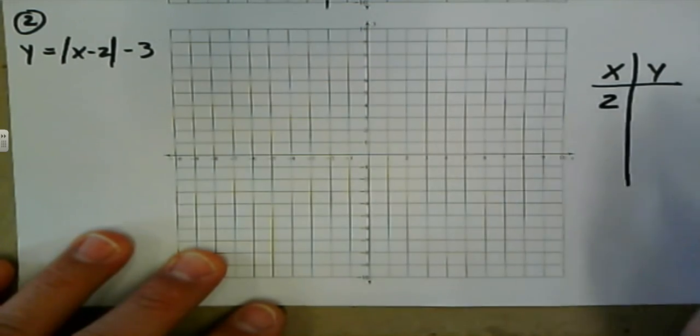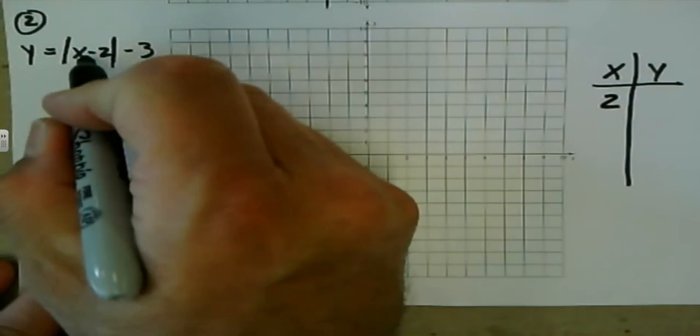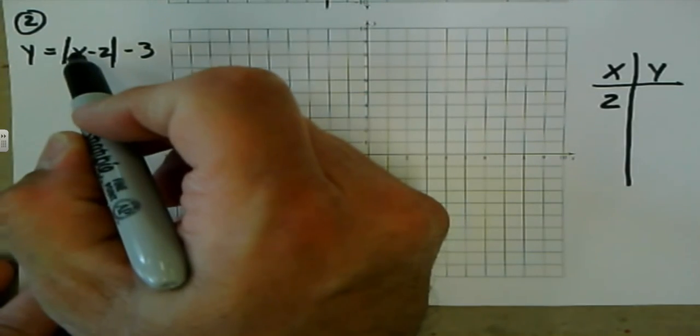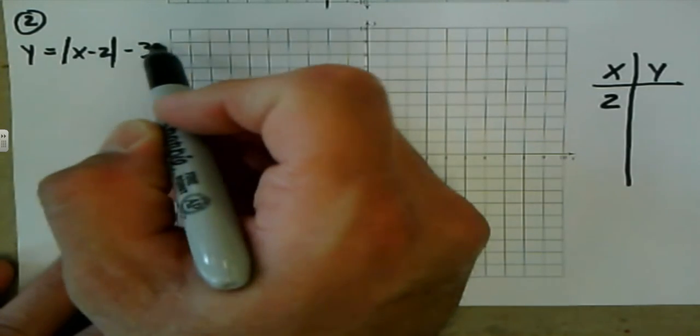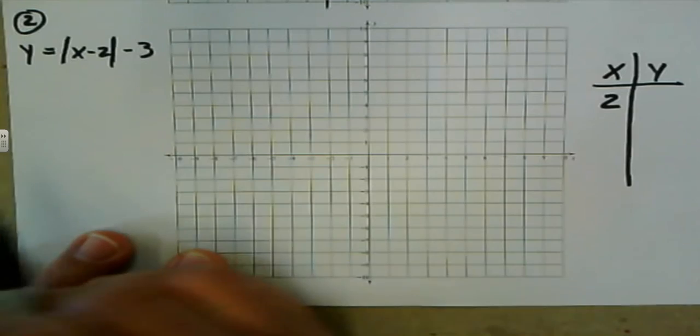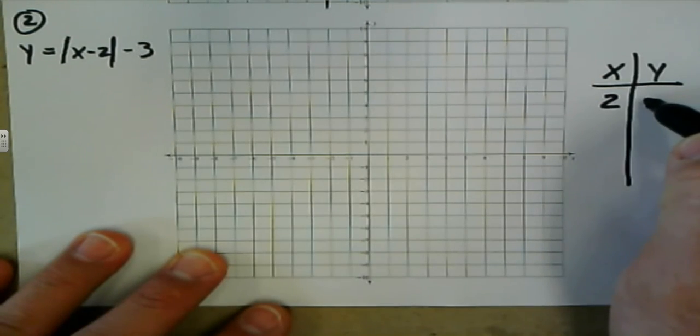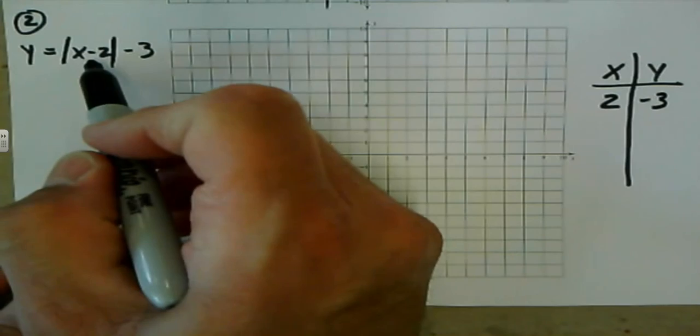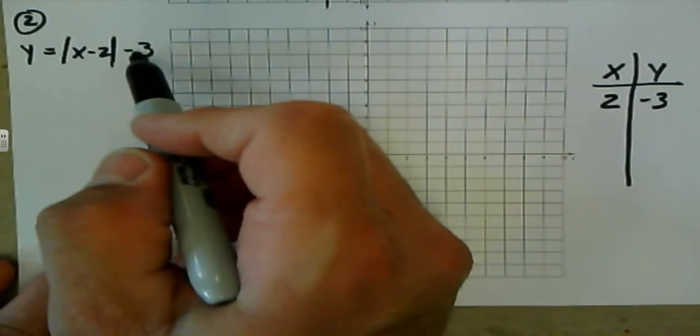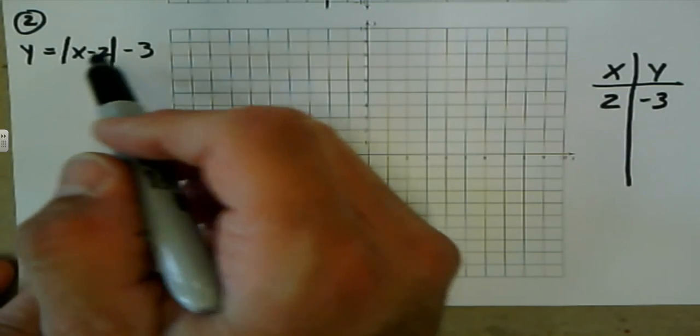Positive 2. It's the opposite of it. Why is that? Because if I put x minus 2 equals 0 and I solve for it, I'm going to get 2. What is the value of the y? Negative 3. Change it, keep it. Change it, leave it. Guys got it? Change it, leave it.